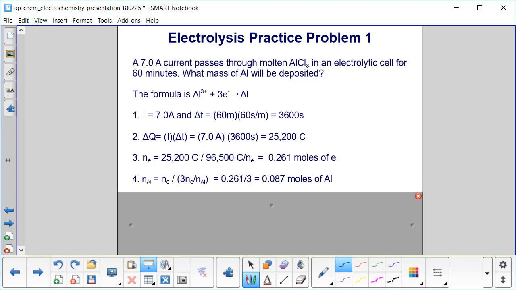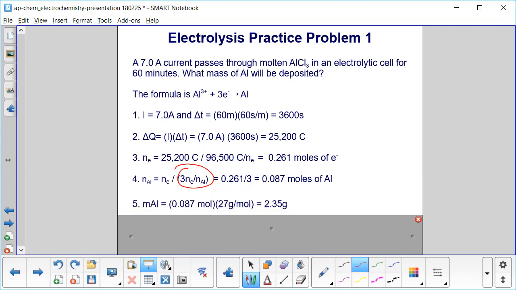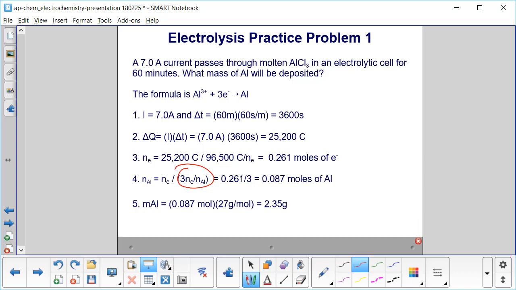So we have a mole ratio that says 3 moles of electrons for every 1 mole of aluminum. We get 0.087 moles of aluminum, and we can convert that to grams using the molar mass of aluminum, 2.35 grams. That's what mass of aluminum we would expect after 60 minutes of current passing through the electrolytic cell.